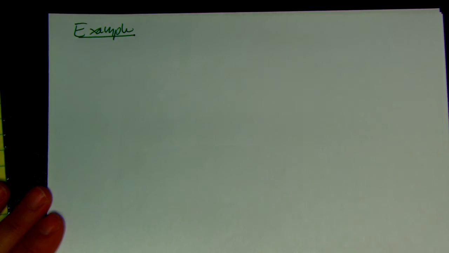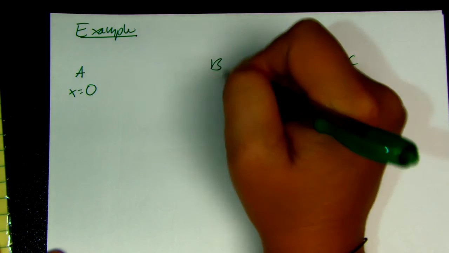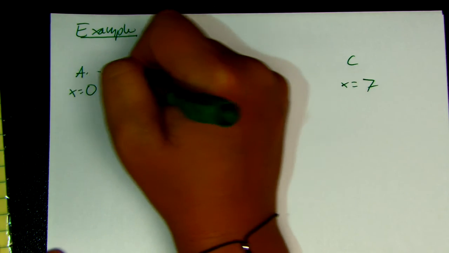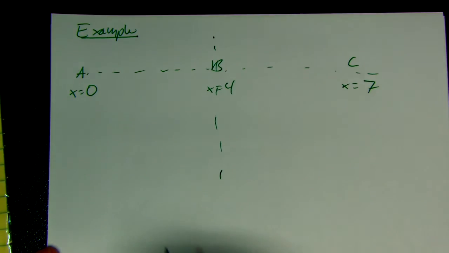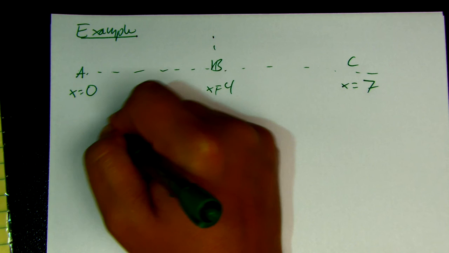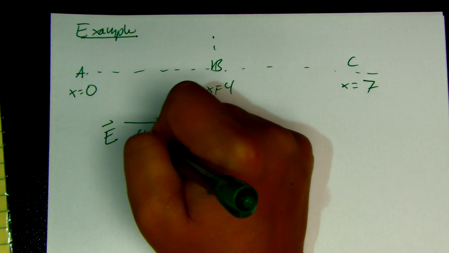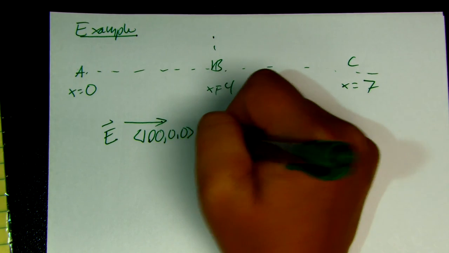So let's say that we have points A, B, and C. x equals 0, x equals 4, x equals 7. From A to B, there is a field that is (100, 0, 0) volts per meter.